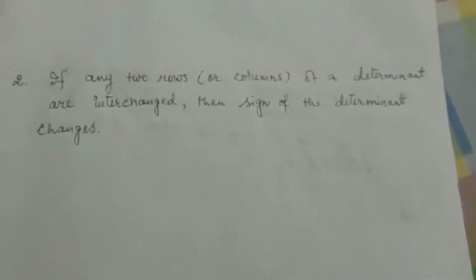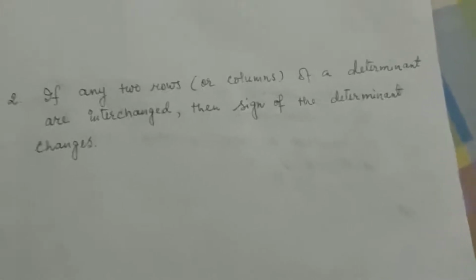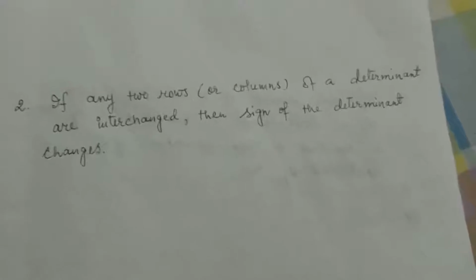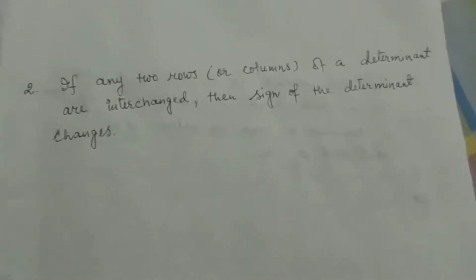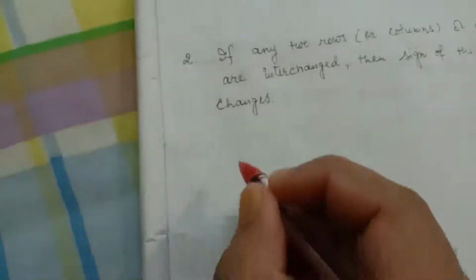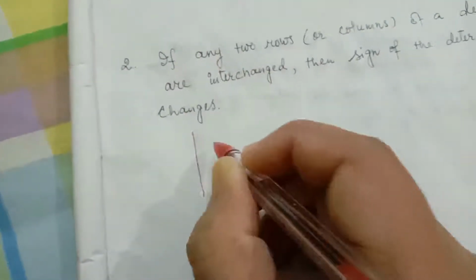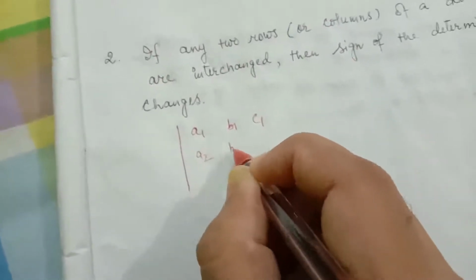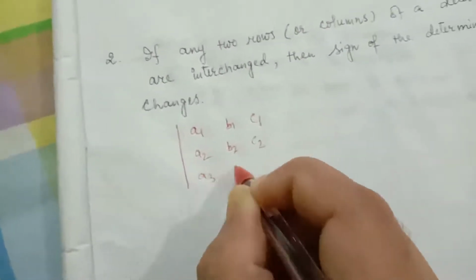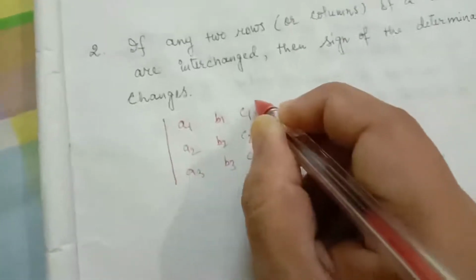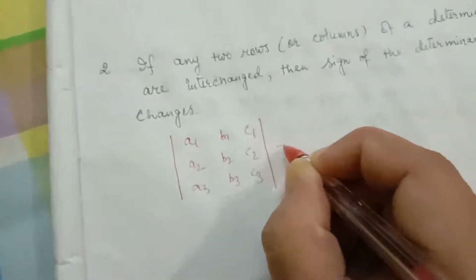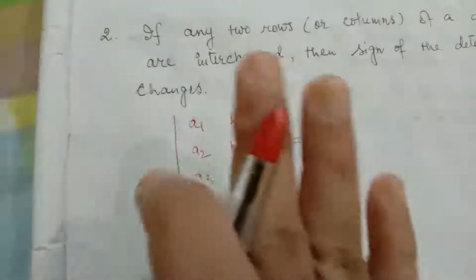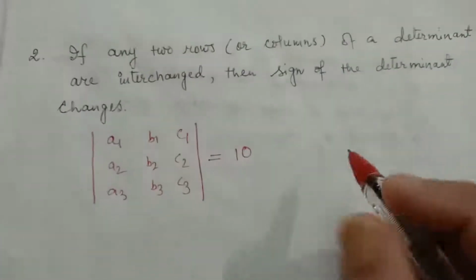Next, property number 2. If any two rows or columns of a determinant are interchanged, then the sign of the determinant changes. For example, suppose this is a determinant a1, b1, c1, a2, b2, c2, a3, b3, c3, of order 3, and suppose its value is 10.